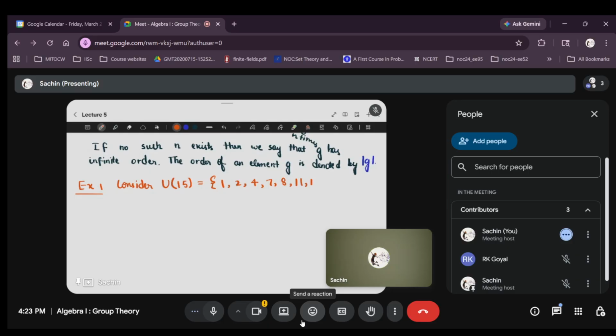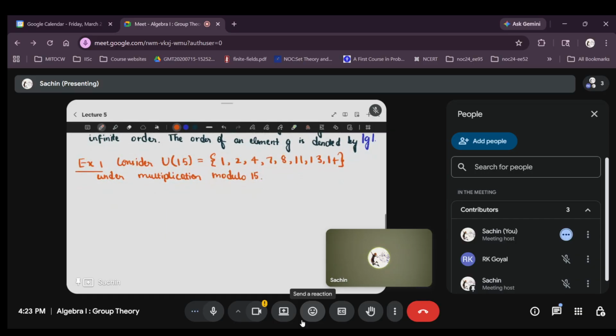Then 13 and 14. So these are the 8 elements of U of 15. And the operation is multiplication modulo 15.